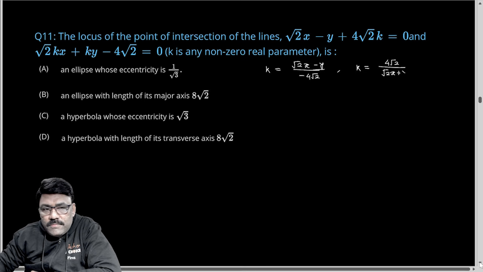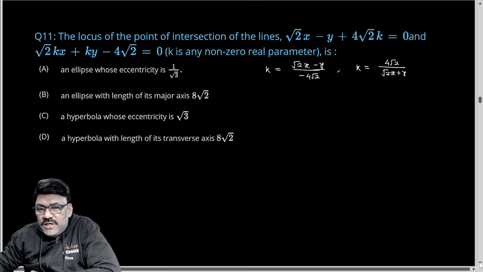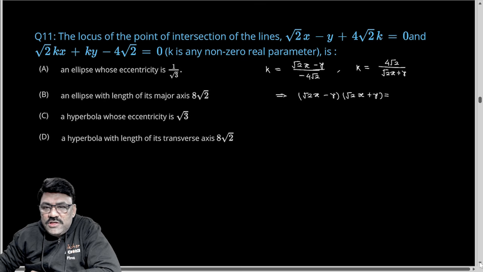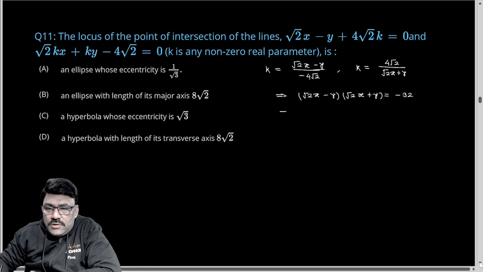Now if I equate these two values of k, ultimately I get root 2x minus y into root 2x plus y is equal to minus 16 into 2, that is minus 32. So this equation becomes 2x square minus y square equals minus 32.